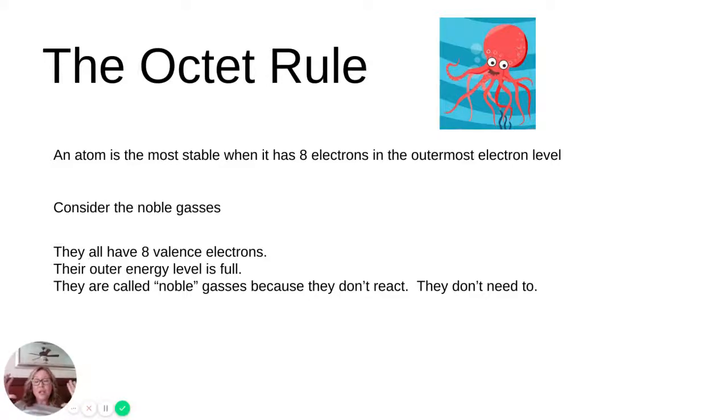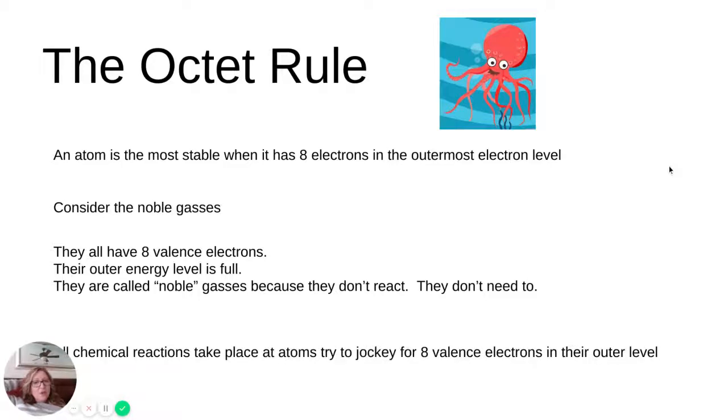They want to be like a noble gas. So basically all chemical reactions, all the reactions that your students will be studying in chemistry, take place because atoms are jockeying with electrons to try to get that perfect octet in their outer energy level.